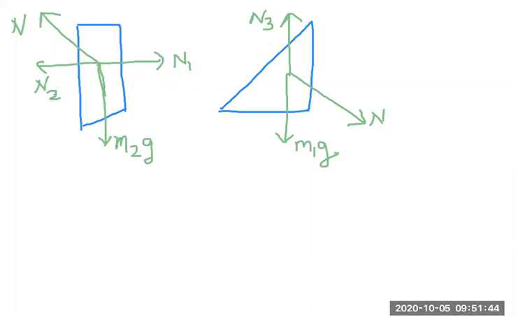First step, draw the FBD. Don't think anything, draw the FBD. Second step, look at the question and ask yourself whether the acceleration of these objects is given or not. Direction of the acceleration of the objects is visible or not.